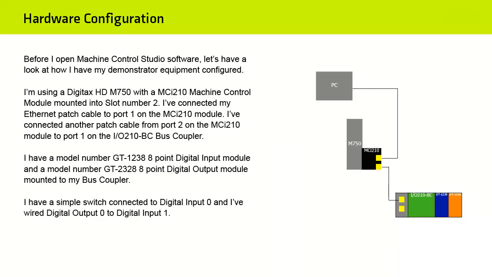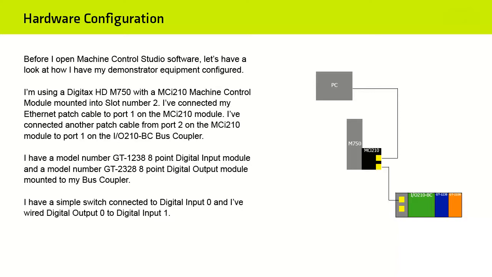Before I open Machine Control Studio software, let's have a look at how I have my demonstrator equipment configured. I'm using a Digitax HD M750 with an MCi210 machine control module mounted into slot number 2. I've connected my Ethernet patch cable to port number 1 on the MCi210 module. I've connected another patch cable from port 2 on the MCi210 module to port 1 on the O210-BC bus coupler.